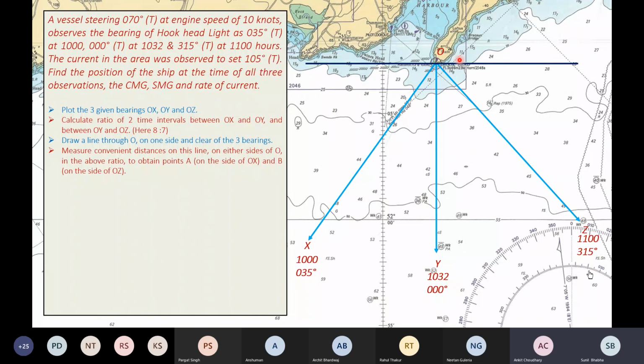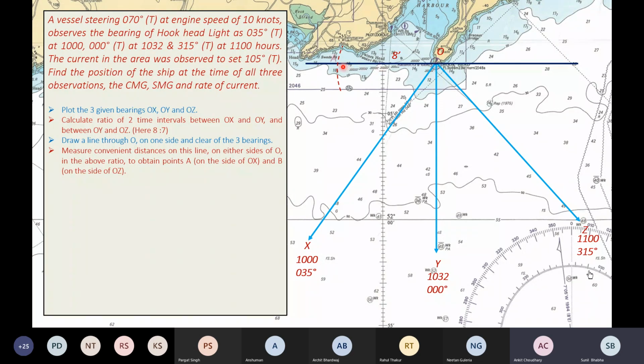8:7. So what I'm doing here is I open up my compass equal to 8 nautical miles, place my compass on the Hook Head lighthouse, and make an arc to cut this line. You can see the arc on the plot now. The radius of this arc is 8 nautical miles, and the center of this arc is the Hook Head lighthouse.